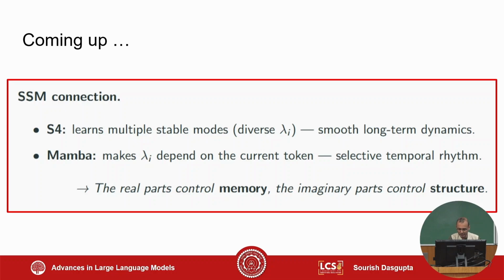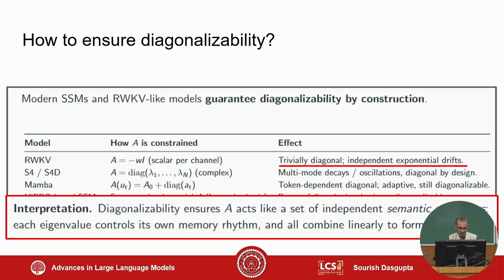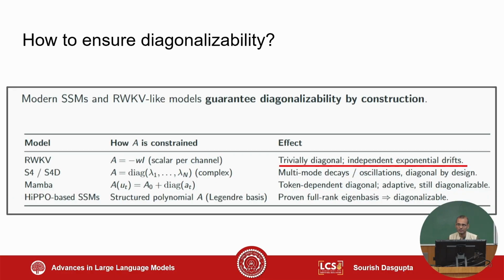Like what happened here, these guys actually do that. S4 does it. A is basically the diagonal matrix where you keep all the eigenvalues. Or you can do it even like this also.